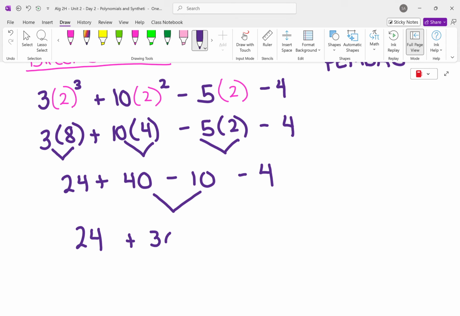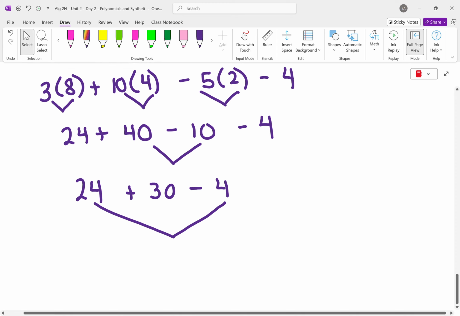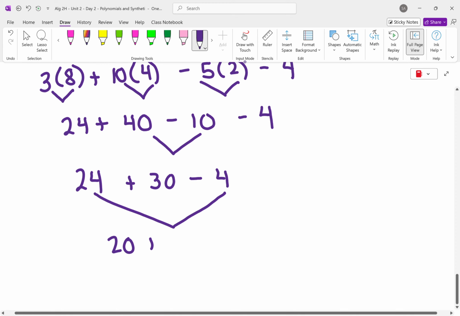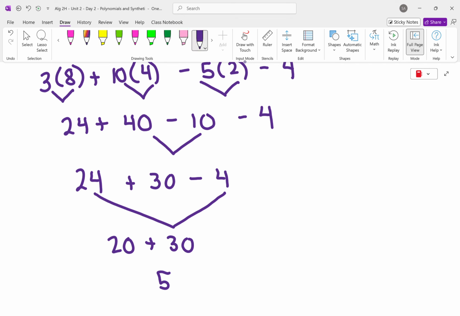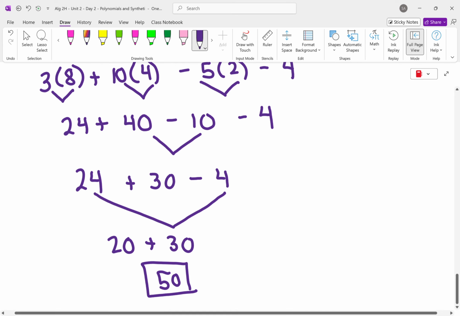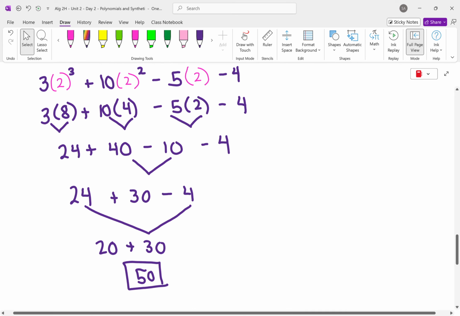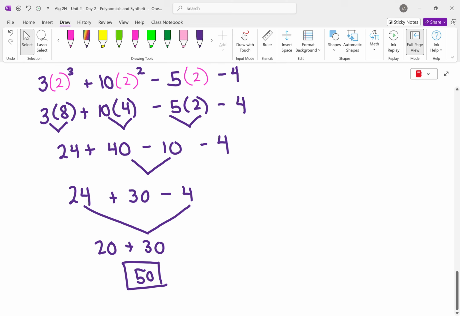So I'm going to say 40 minus 10 is a positive 30. And then I will do 24 minus 4, which is 20, plus 30 is 50. So I just added in a way that was easiest for my brain. But you could do whatever you prefer.